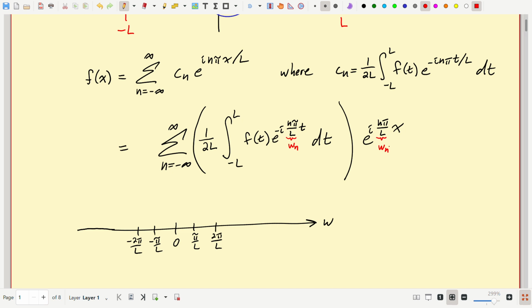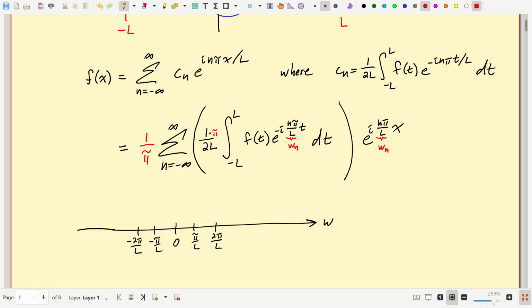Then am I thinking of the w_n's in a Riemann sum? Then I need a delta w. And the delta w would be pi over L. So I give myself a pi right here, and if I give myself that pi, I'd have to divide by pi out in front.